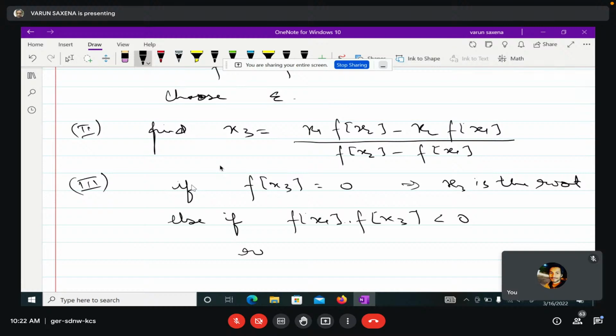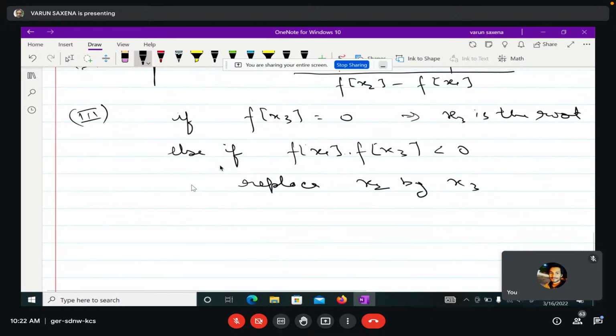So then you replace x2 by x3, and your new interval becomes x1, comma x3.